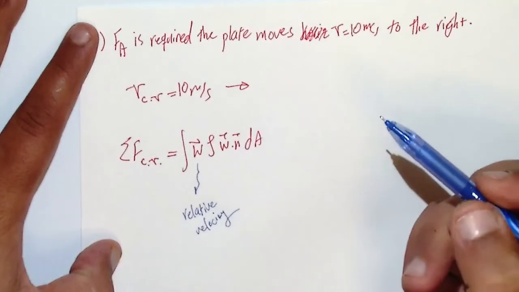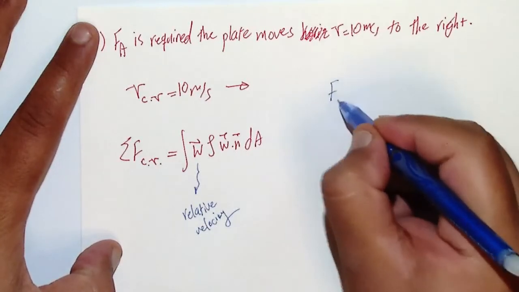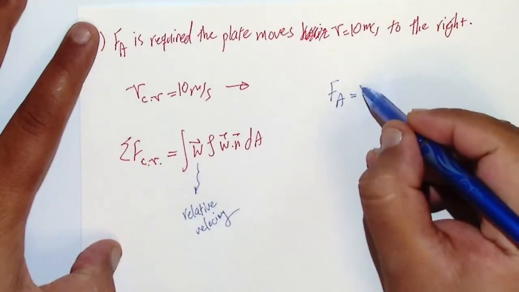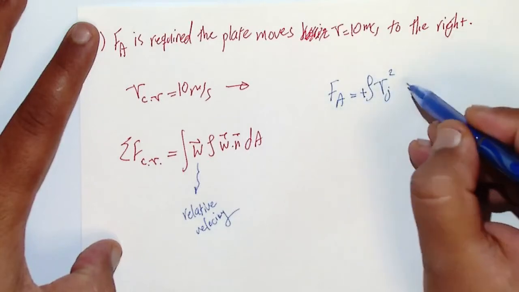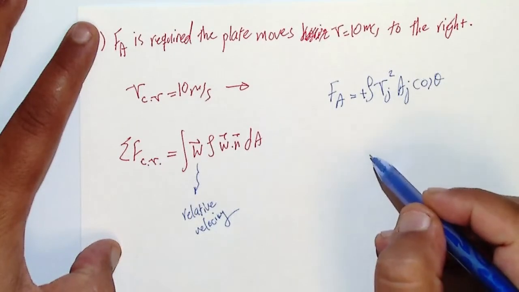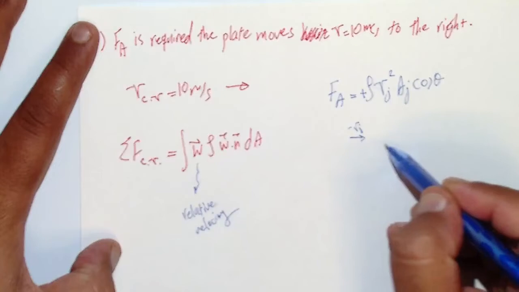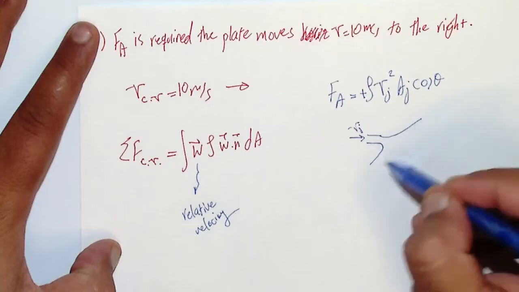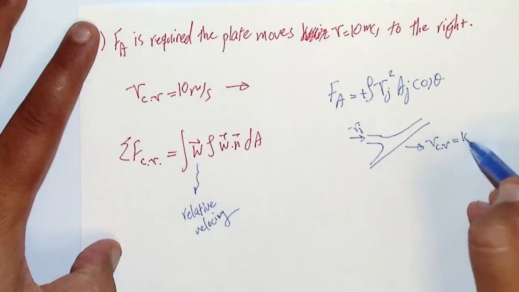The only thing that you have to change from the previous equation is the relative velocity. If you rewrite FA here, when the plate was stationary, the FA term was positive rho Vj squared Aj cosine of theta, right? The velocity comes in from the left to the right with Vj, flowing and going up, and now you have a control volume that moves to the right with 10 meter per second.